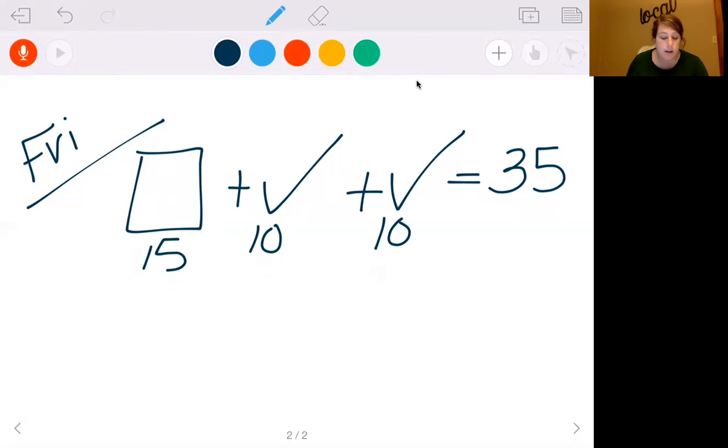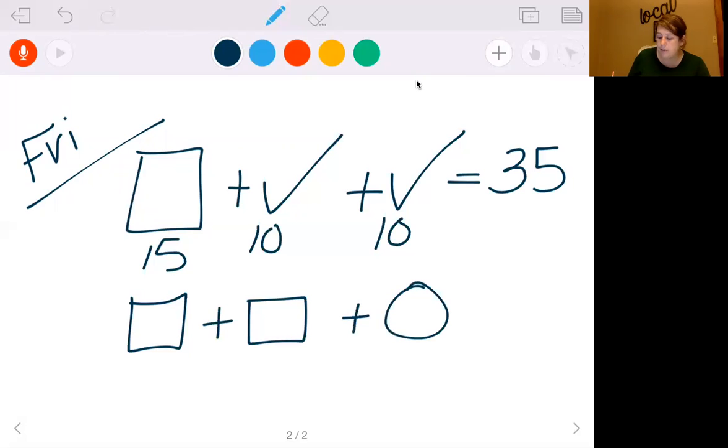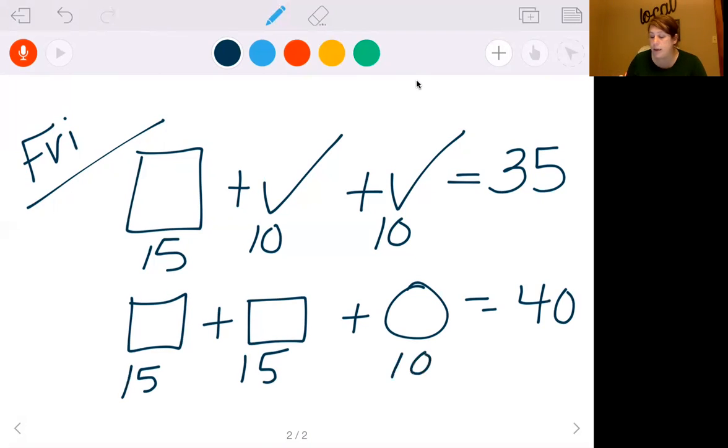So that might work. So then on the next one, I have a ballot box plus a ballot box plus a vote sticker equals 40. So using what we just did, if a ballot box is 15 and this ballot box is 15, that's 30. We need 10 more to get to 40.